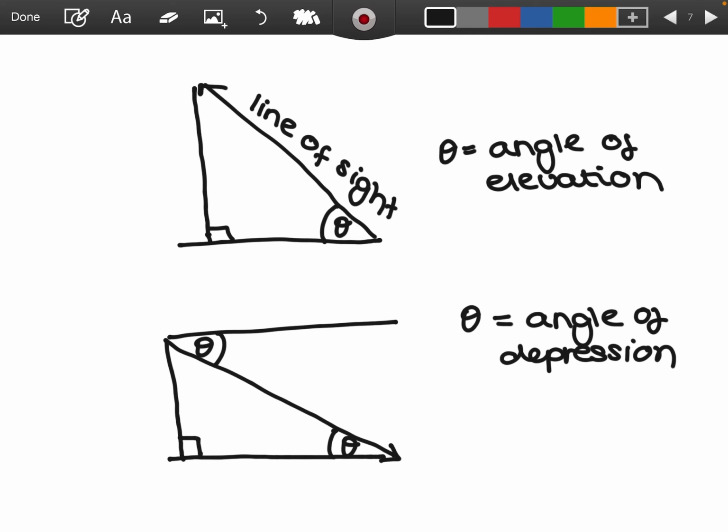So I could draw it out as a right triangle this way, or I could have drawn it out as a right triangle this way, completely up to you. But when I've got that angle that points downwards, I end up with what looks like an upside down right triangle, and I get that angle of depression. But you can always flip that around using a Z angle, and then those angles do equal one another.